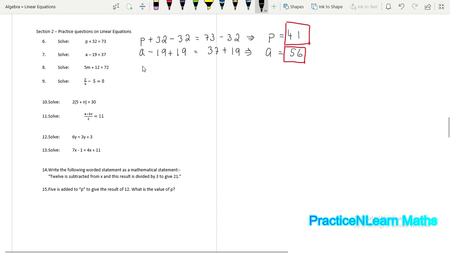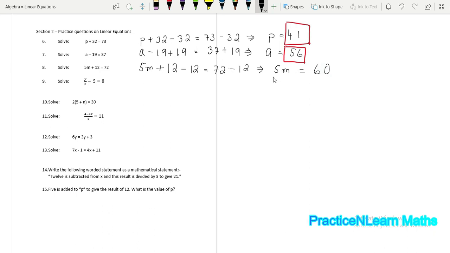Next, I am getting 5m plus 12 is equal to 72. So I need to subtract 12 from both sides, which gives me 5m is equal to 60.